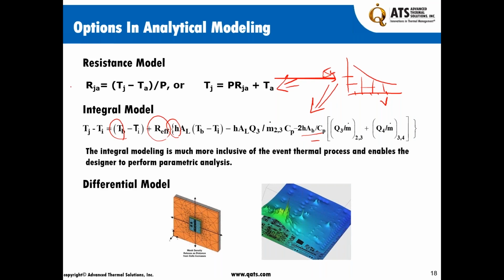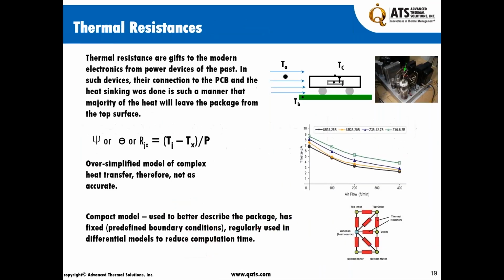So it gives me a lot of parameters to vary. So you can see the resistance model, a simple one-dimensional integral model, and the differential form of it. It gives you a very, very broad spectrum solution as far as temperature variation, pressure variation, velocity variation in the field. So you have these three options of modeling that you can deploy when you go through the electronics cooling problem or any problem.